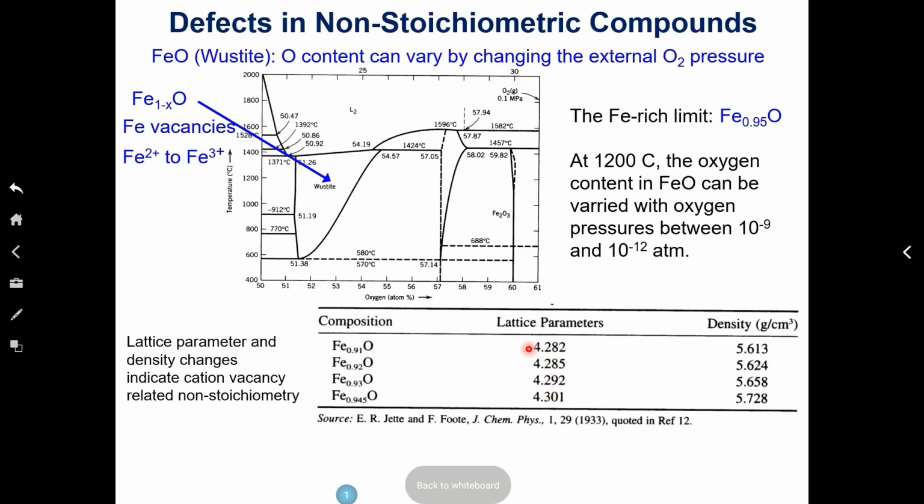You can see that change in lattice parameter. You can pick this up in X-ray diffraction, for example, as we talked about last time. So your X-ray diffraction peak will shift accordingly, and you can see the effect on the density of the materials. So density will be going down as you introduce more and more vacancies. So people actually do this on a regular basis, using such measurements.